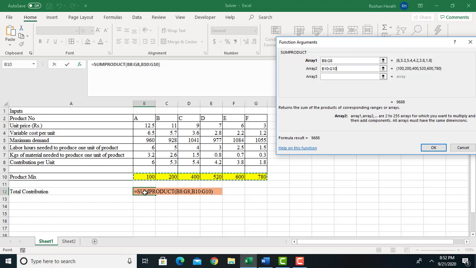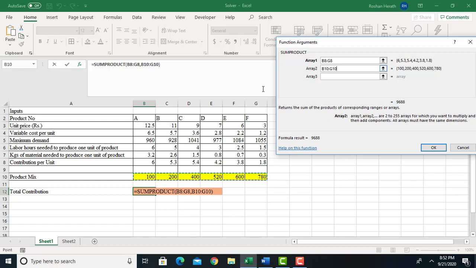These arrays can be located row-wise or even column-wise. But in this situation, the arrays are situated as rows.